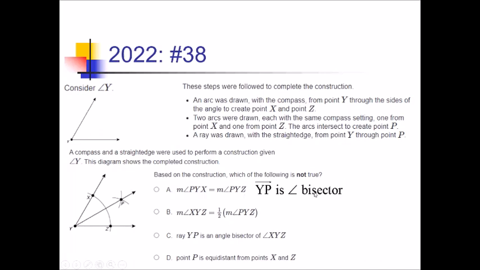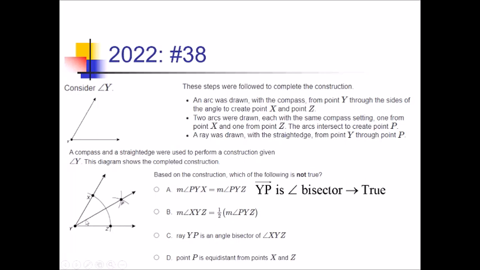Since this is an angle bisector, that means that angle PYX, this angle here, and angle PYZ, this angle here, are the same. So this is a true statement in choice A. Choice B, we're saying XYZ, that's this whole angle, what used to be just angle Y, is half of PYZ.